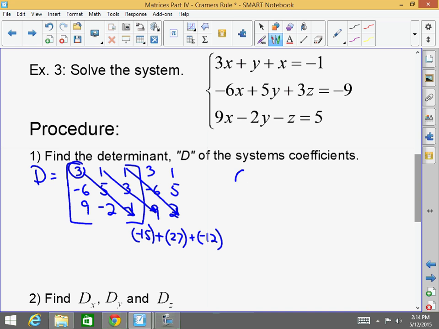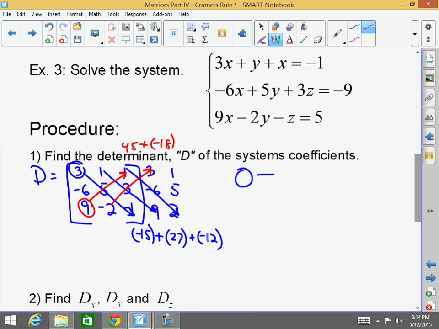So that's 0, correct? Minus, okay. Now I've got 9 times 5 is 45 plus 3 times negative 18 plus, that was a negative 1, right?